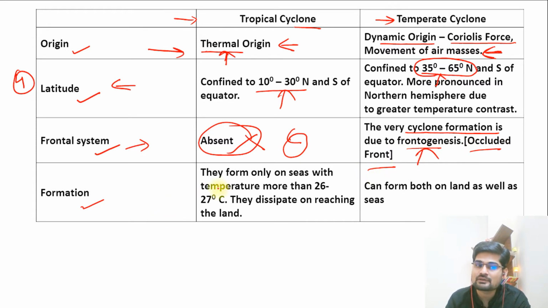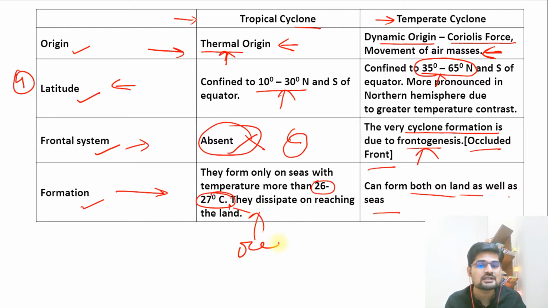So this is important here. Now the formation part. Remember the threshold value of 26 to 27 degrees C, the oceanic temperature. The temperate cyclone can form both on land as well as sea. But for the tropical, an ocean temperature of 27 degrees C is the threshold value. This is the larger comparison on the grounds of these factors.